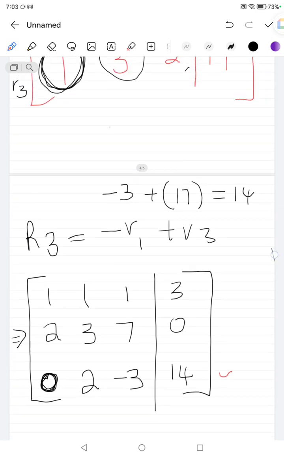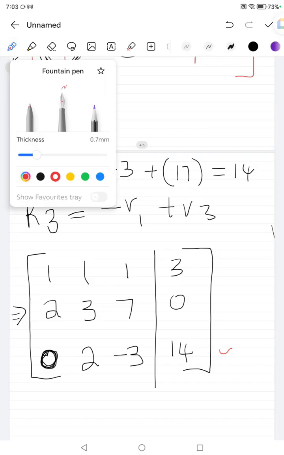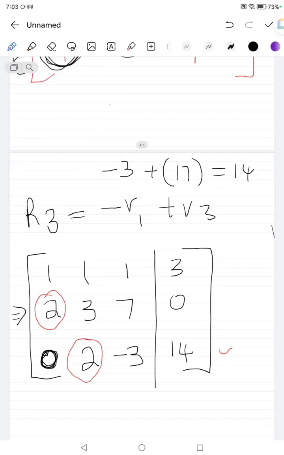So now we go again and check from this one. Now we have to ensure that these ones that you see here get to be 0, as we've indicated.